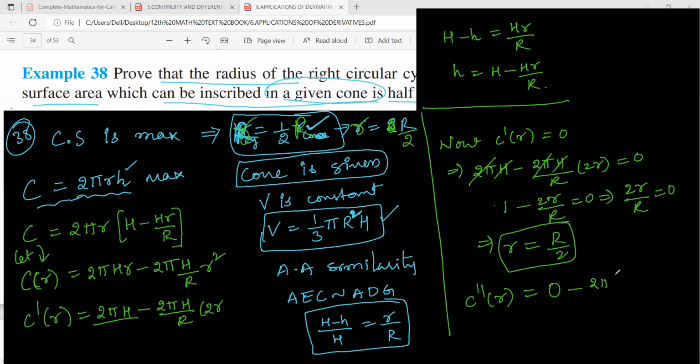So 2 pi h by R into 2. Even if you substitute small r, it is negative. If you substitute r by 2 also the same thing. So therefore C is maximum when small r equals R by 2.